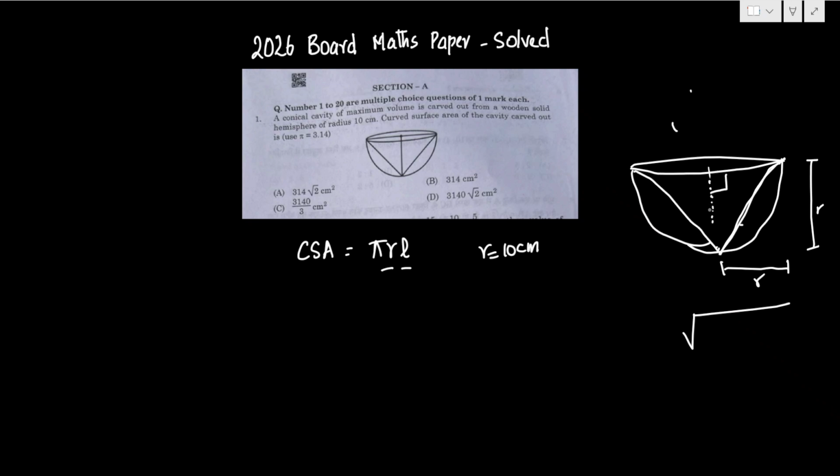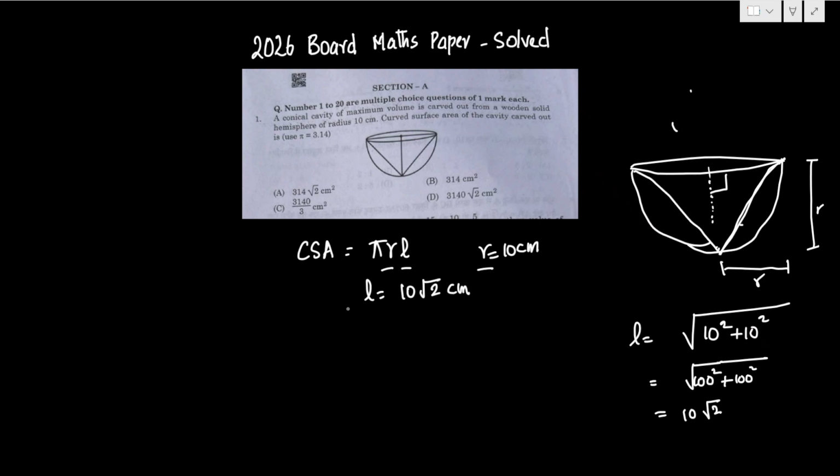This is 90 degrees, right? So slant height L in this case is root of 10 square plus 10 square, which is equal to root of 100 plus 100, and that gives you root of 200, which is 10 root 2. So L is 10 root 2 centimeters.